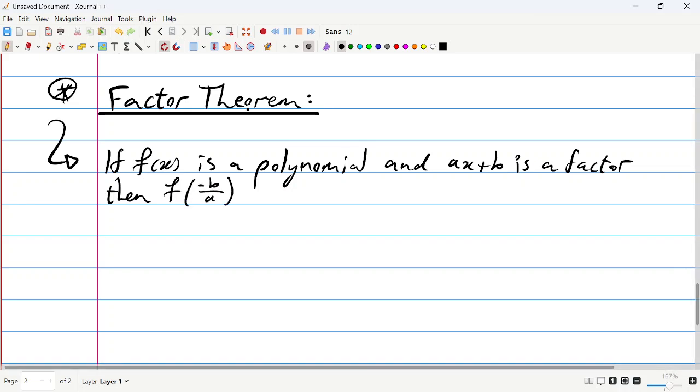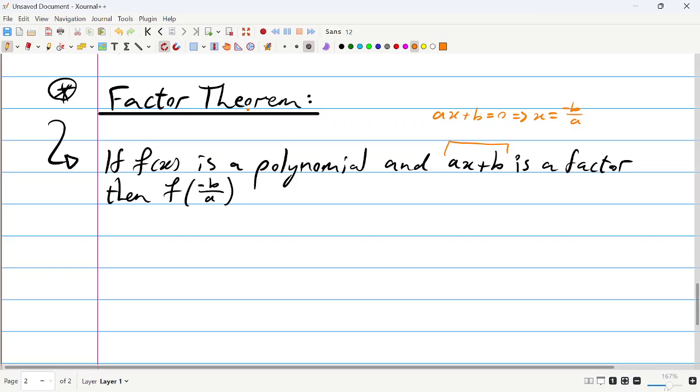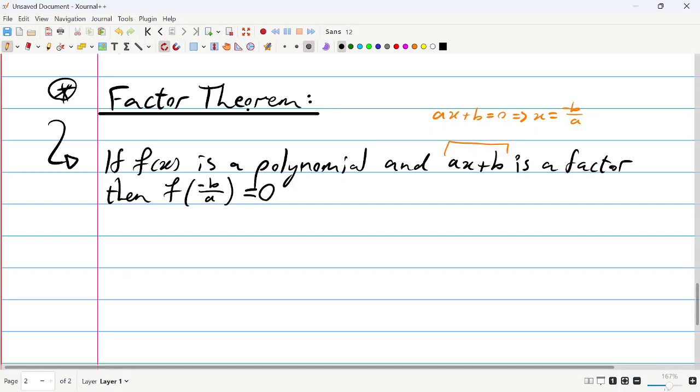Remember where that negative b over a came from? It came from the fact that ax plus b equals 0 implies that x is equal to negative b over a, because you just solve for x. This is the factor theorem. In the case of f of negative b over a being equal to 0, then ax plus b is a factor, which is our definition.